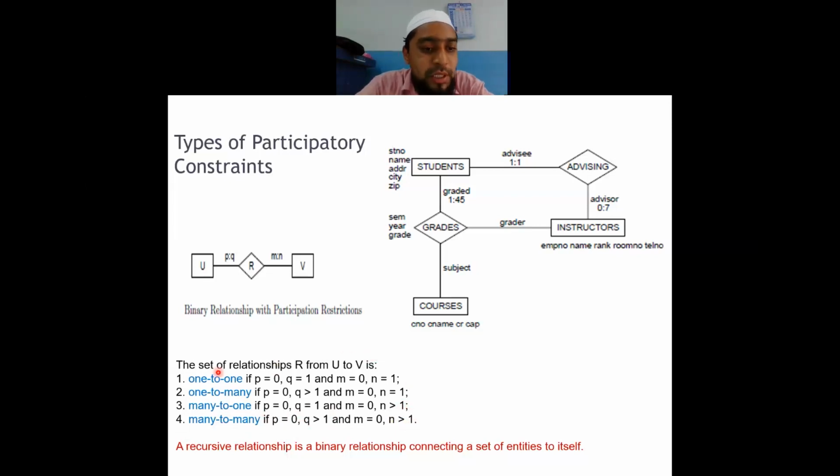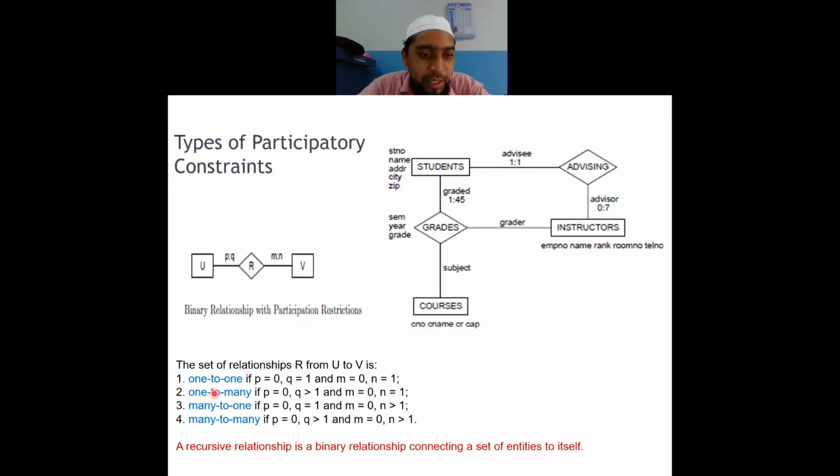Based on this, we will classify the relations into 4 categories. Do remember, I am reading it in reverse order. U to V: minimum 0, maximum 1; minimum 0, maximum 1. Similarly, over here, many to 1: minimum 0, maximum greater than 1; minimum 0, maximum 1.